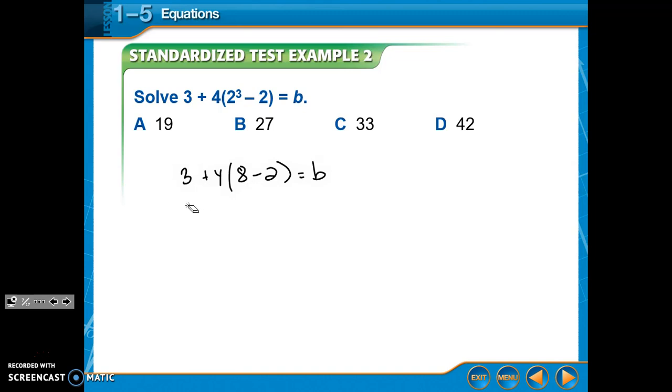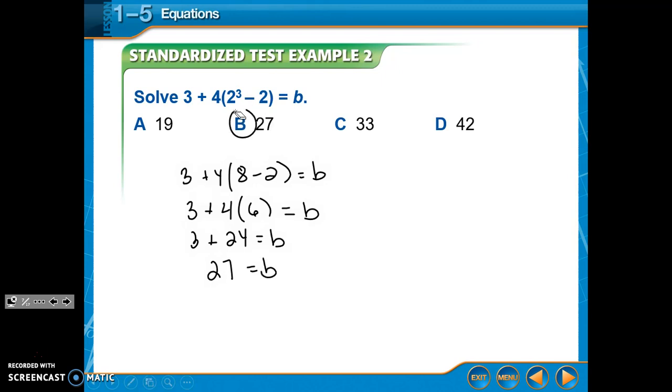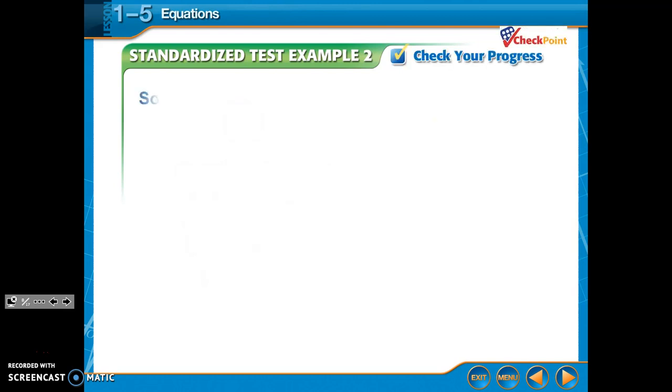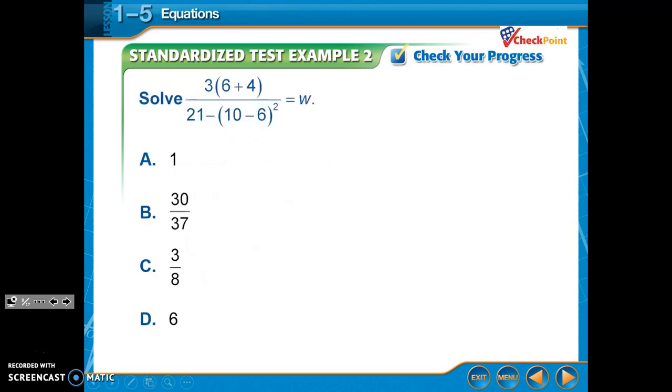So 8 minus 2, finishing inside the parentheses first, is 6. Now I'm looking for multiplication and division. We have 4 times 6, so I have 3 plus 24 equals b, and I get 27 equals b. So my answer is b. Okay, you guys try this one to solve for w.